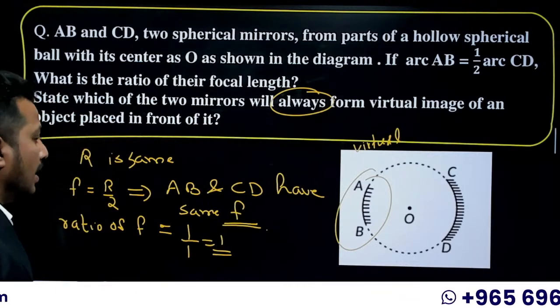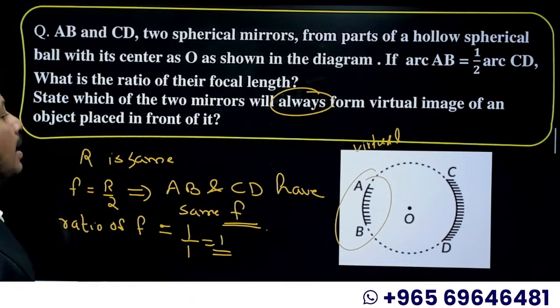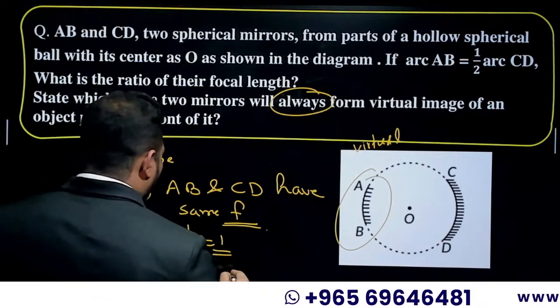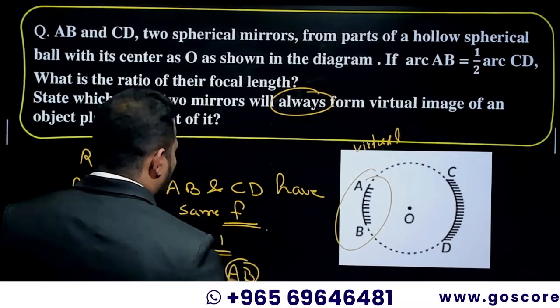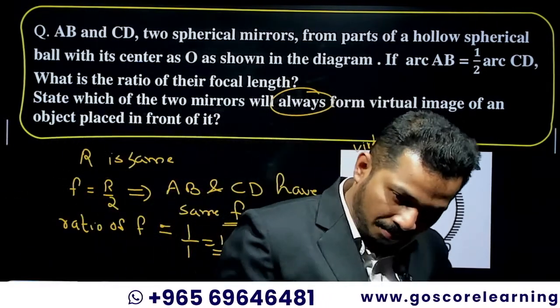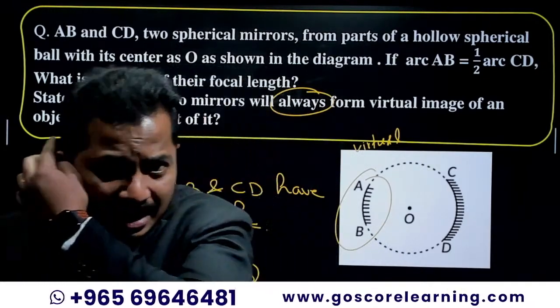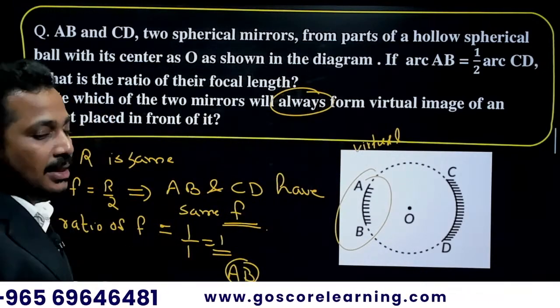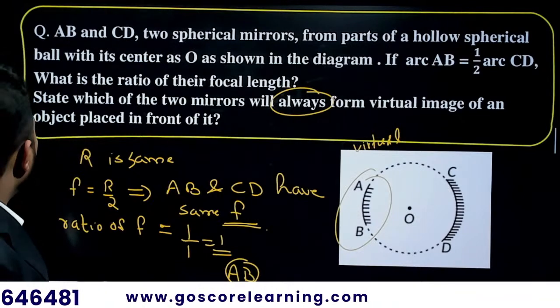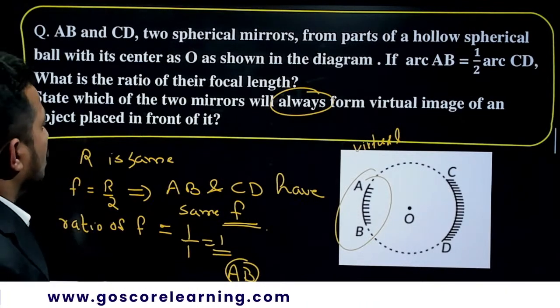So mirror AB forms a virtual image every time, as it is convex.